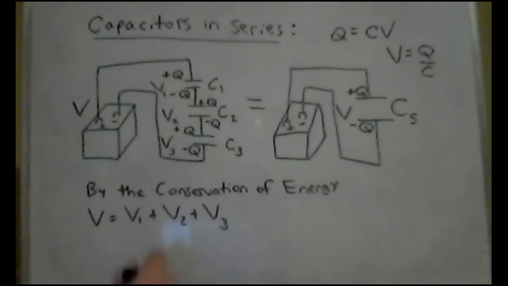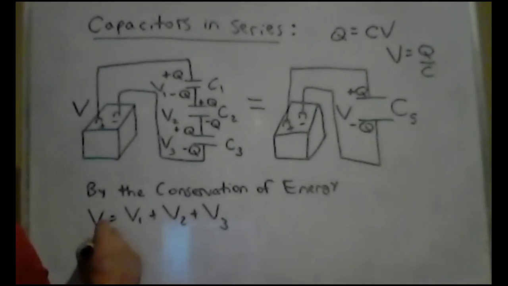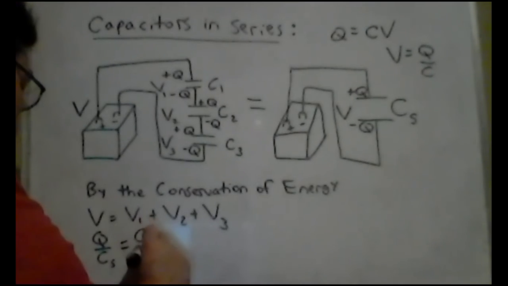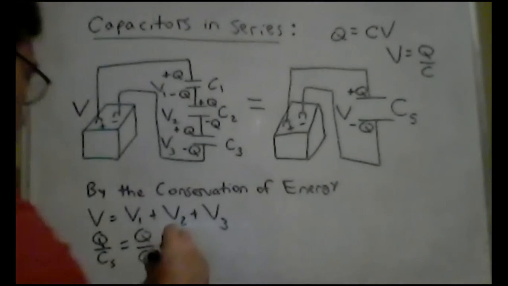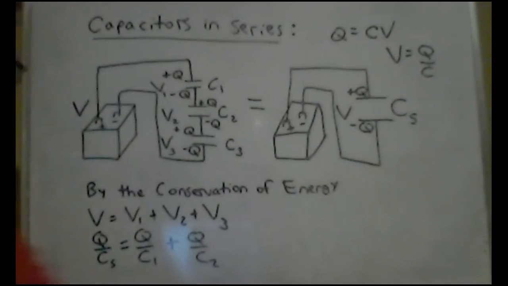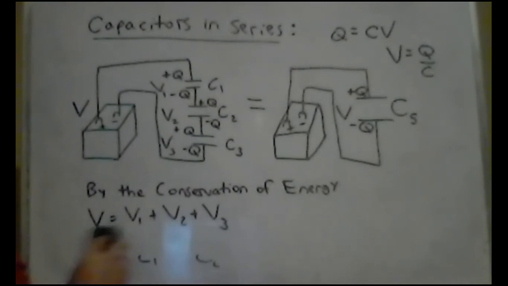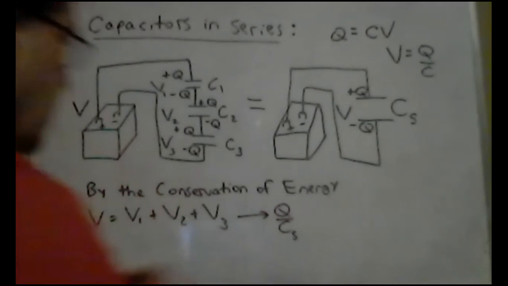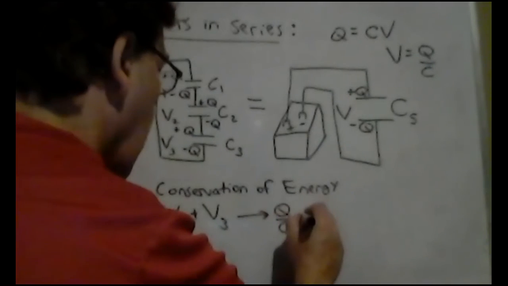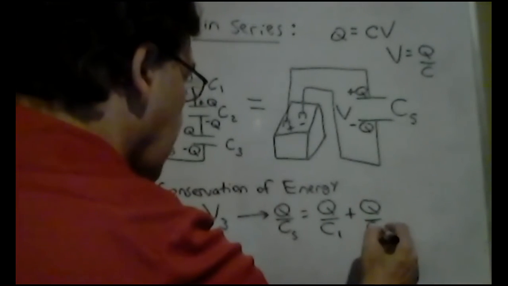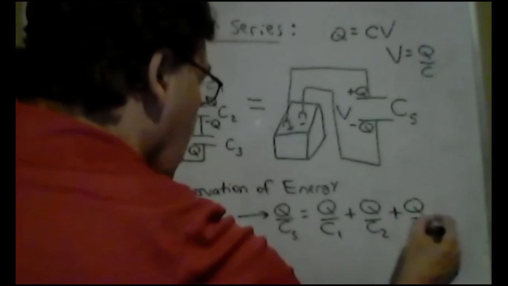Putting this together, we can write this as Q over C series equals Q over C1 plus Q over C2 plus Q over C3.